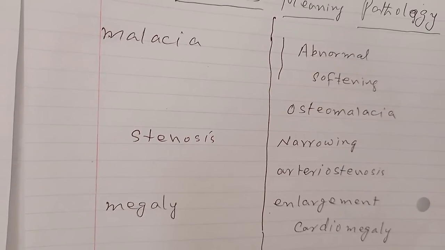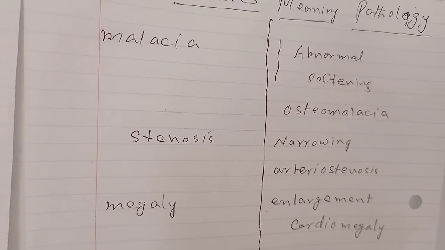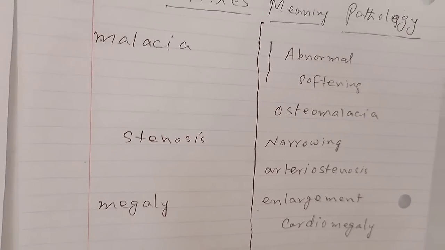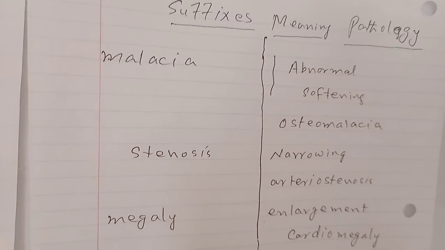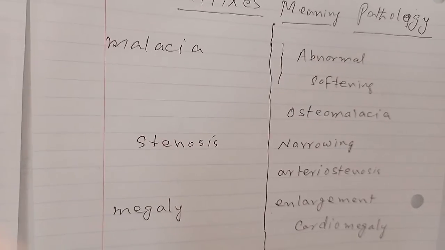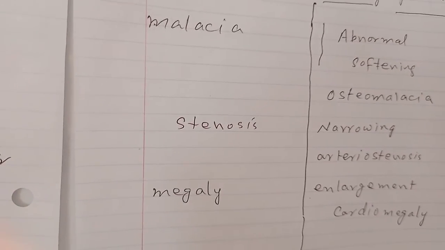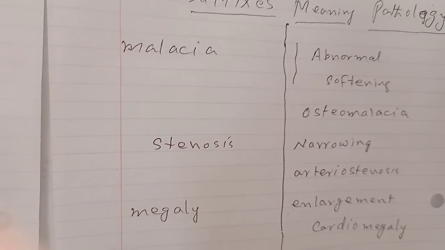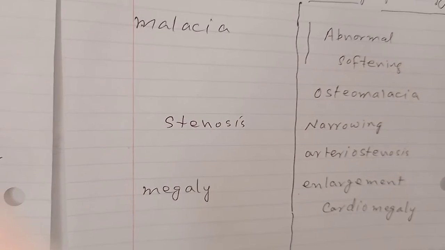This happens in those ladies who do not sit under the sun, and in children who have some defect and they cannot absorb calcium from the intestines. So they have weak bones. Osteomalacia is weak bone in adults, and rickets is the name for weak bone in children.